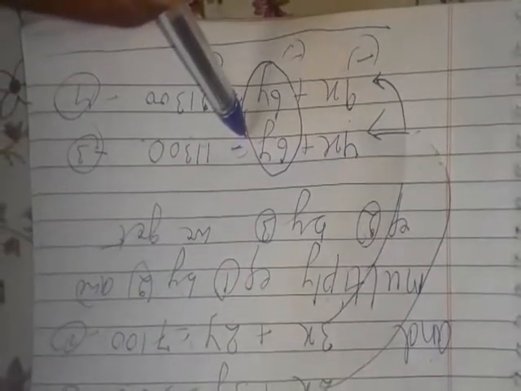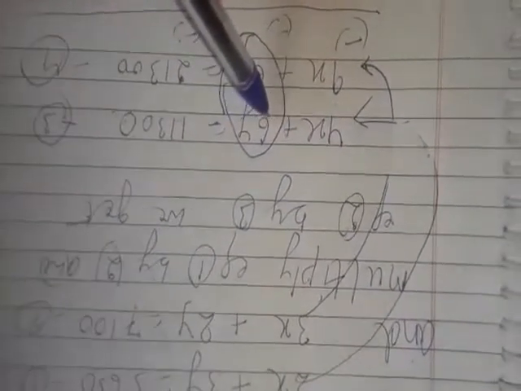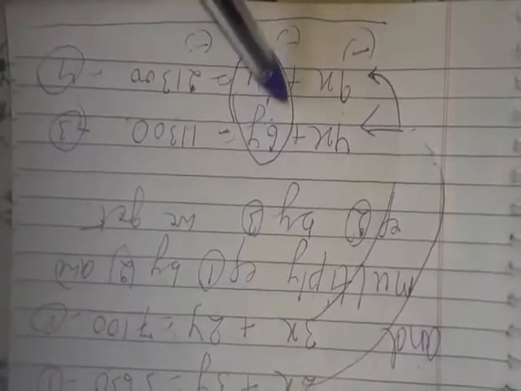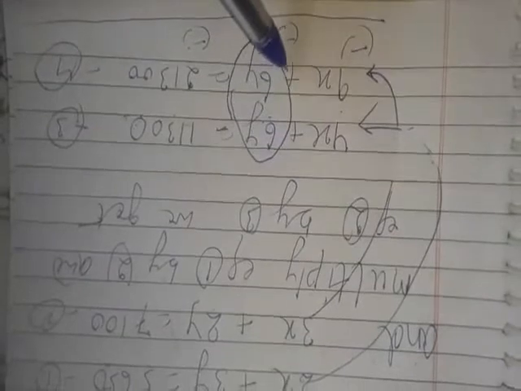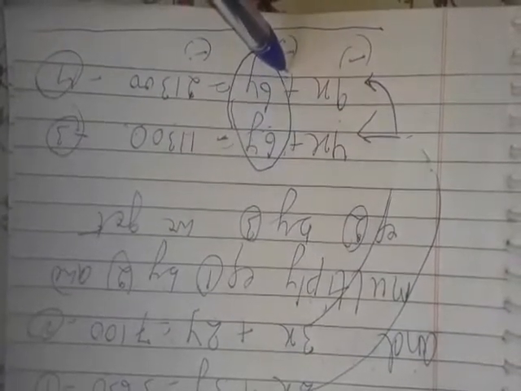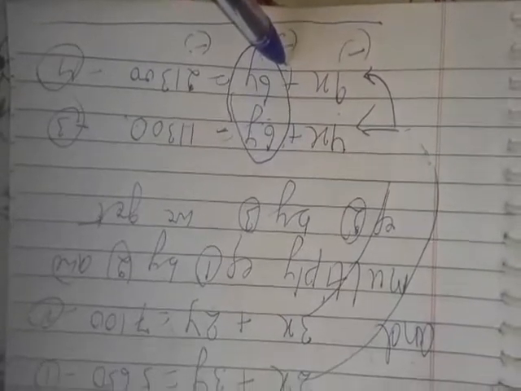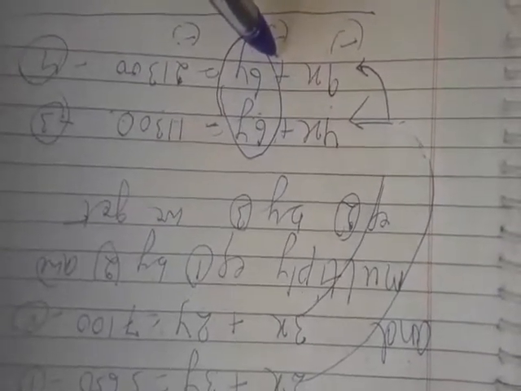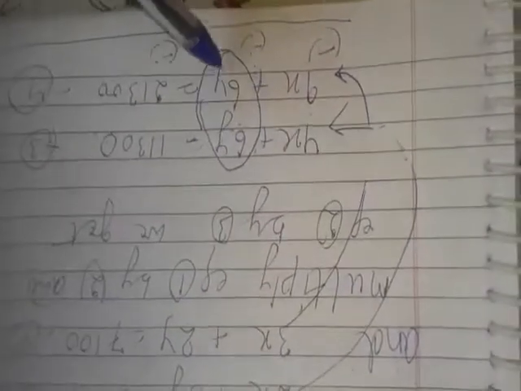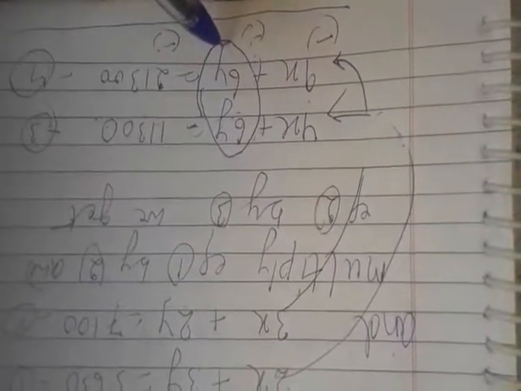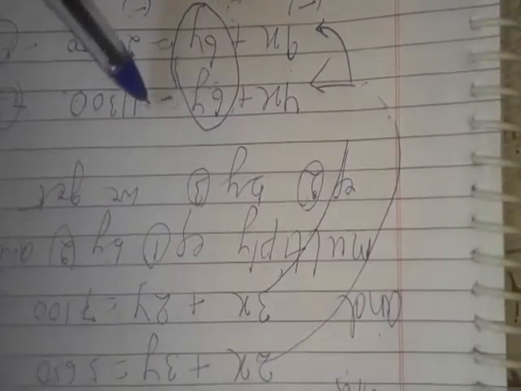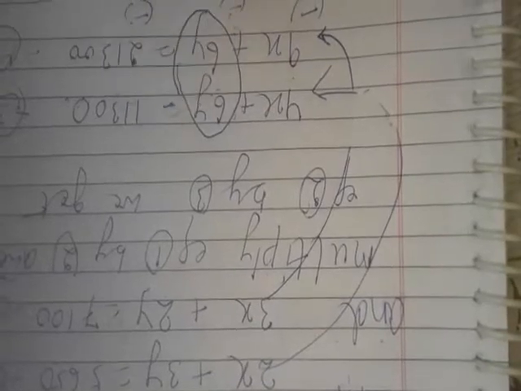Now we see that the numerical coefficients of variable y are equal to each other. But here the sign of variable y is the same. Both are positive. Always remember, in the case of the elimination method, whenever we have the same sign, we have to subtract the given equations. It means that we have to subtract equation number 3 and equation number 4 to eliminate variable y.